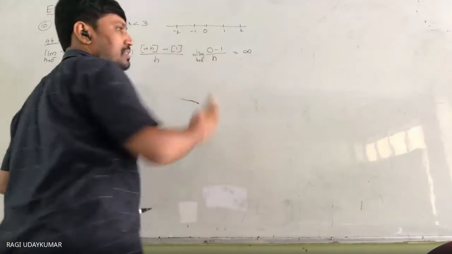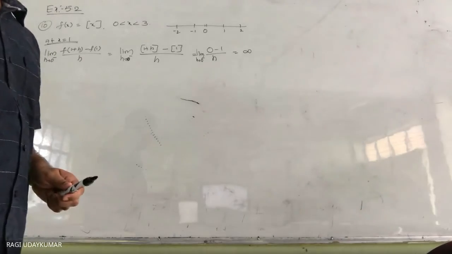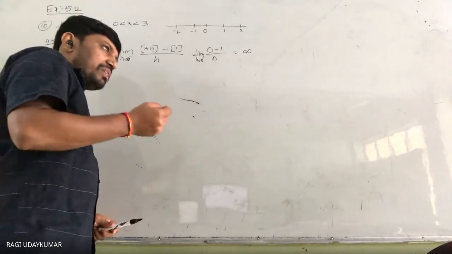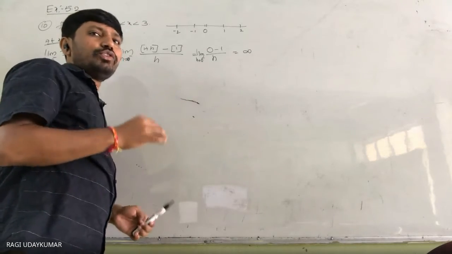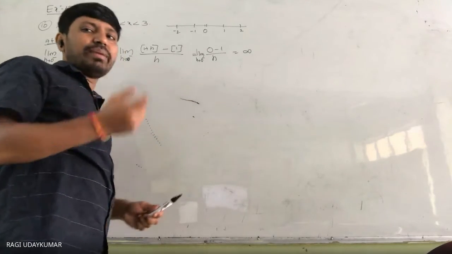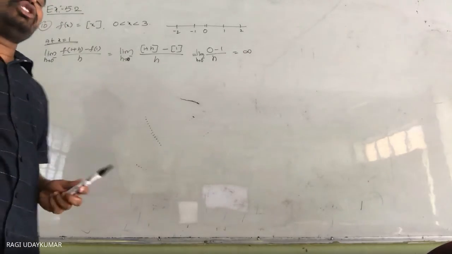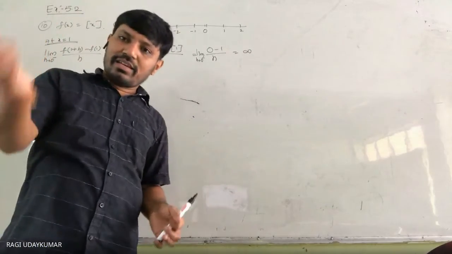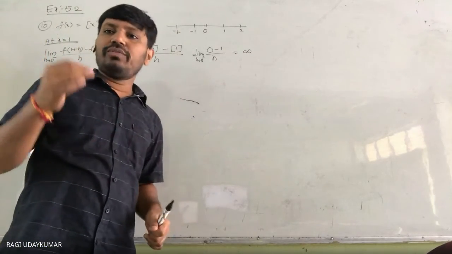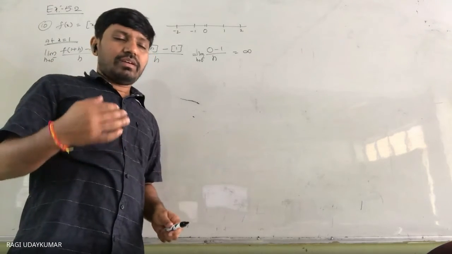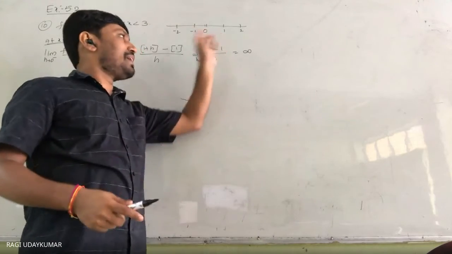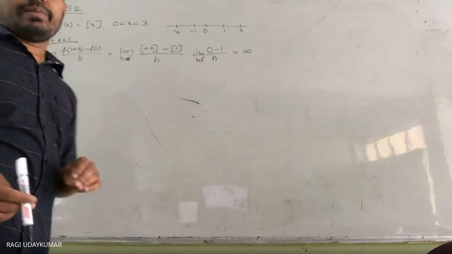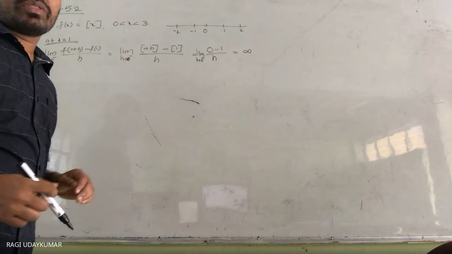Because h is very near to 0, so minus 1 by 0.00000001 should be taken into consideration. When you divide 1 by that number, you are going to get plus infinity, because the numerator has minus 1. Okay.